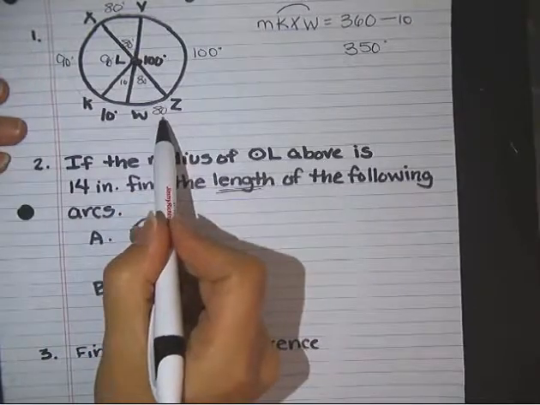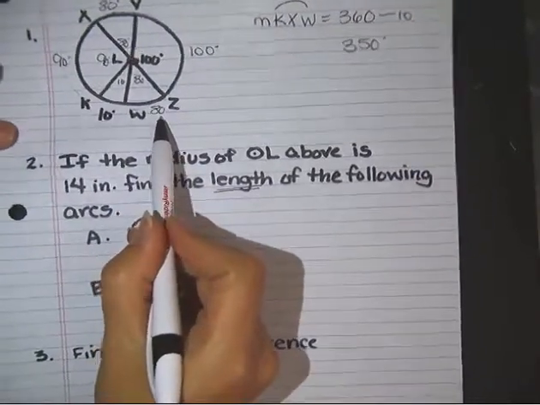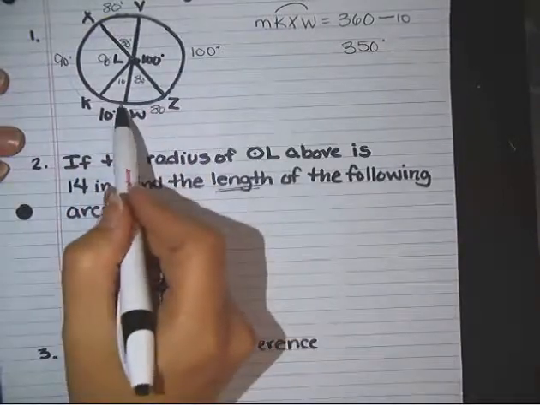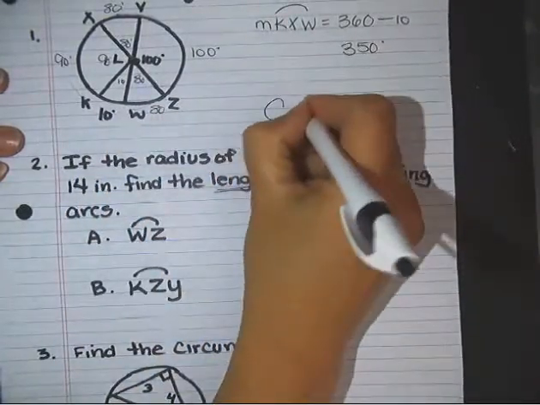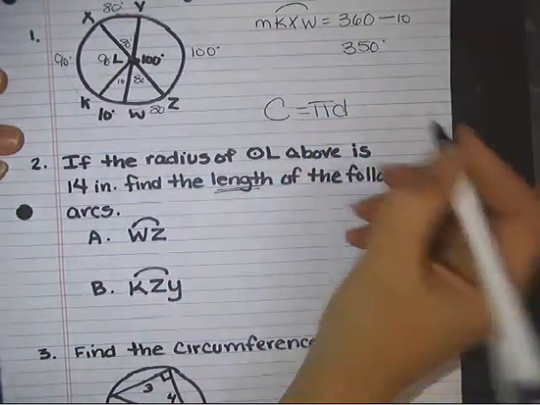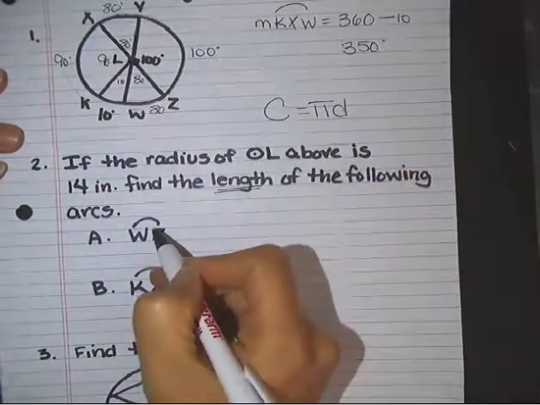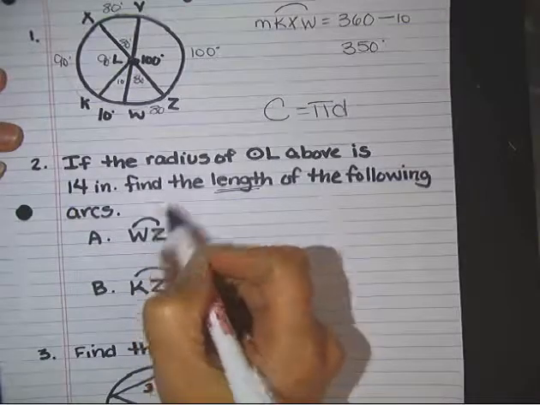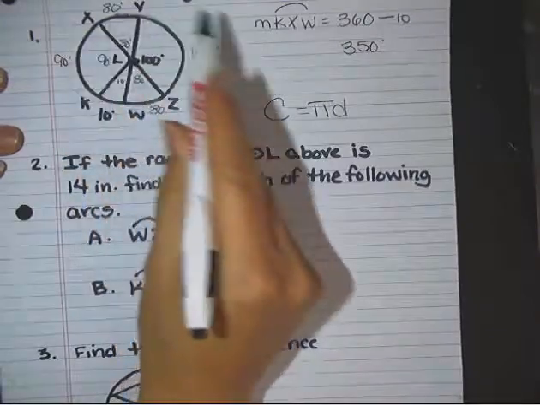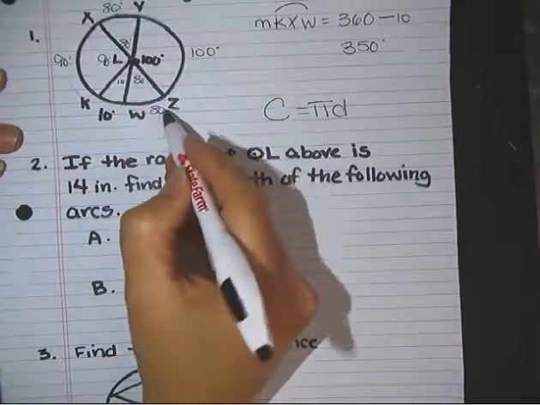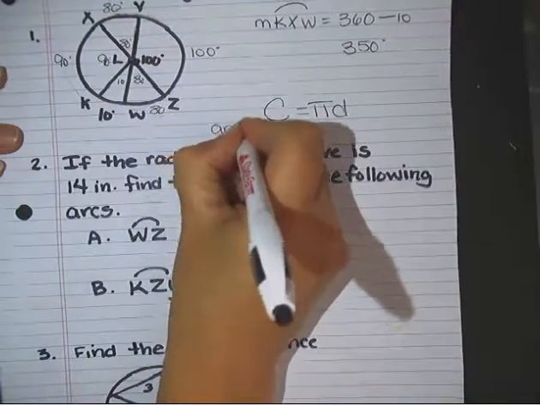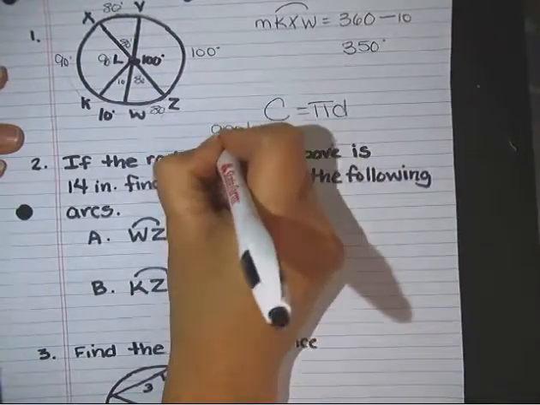Well, it makes sense that if the circumference, the length all the way around, is pi times diameter, or diameter times pi, the arc length should be a fraction of that. And since this is 80 degrees out of a possible 360, there is our fraction. So our arc length formula is going to be angle over 360 every time times circumference.